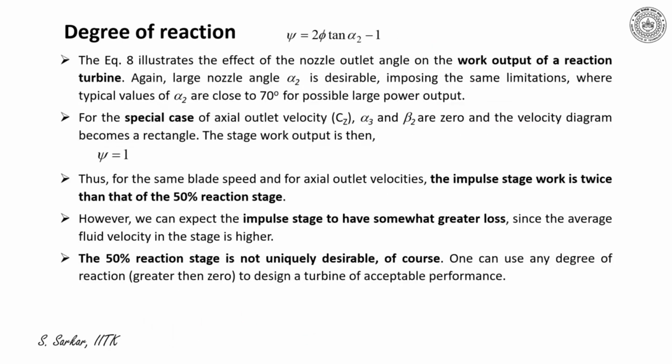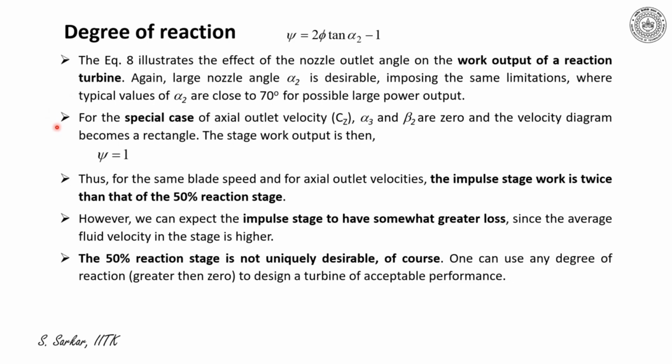Now, equation 8, that is Xi equal to twice (phi tan alpha 2 minus 1), indicates the effect of nozzle outlet angle on the work output of a reaction turbine. Again, a large nozzle angle alpha 2 is desirable, imposing the same limitation as stated earlier, where the typical values of alpha 2 are close to 70 degrees for possible large power output.